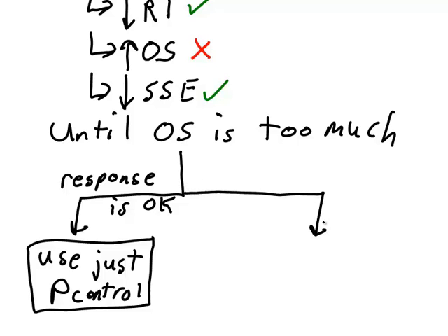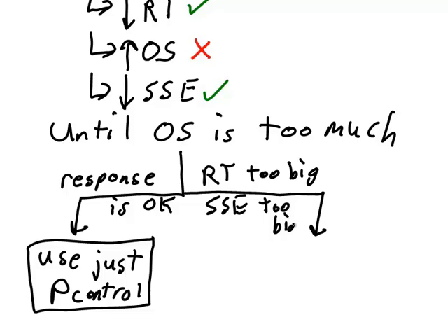If the response is not okay, there are 2 ways it might be not okay. Either the rise time is too big. In other words, the response is too slow. Or the steady state error is too big or too much. In this case, you would want to change your controller by either adding derivative or integral control.